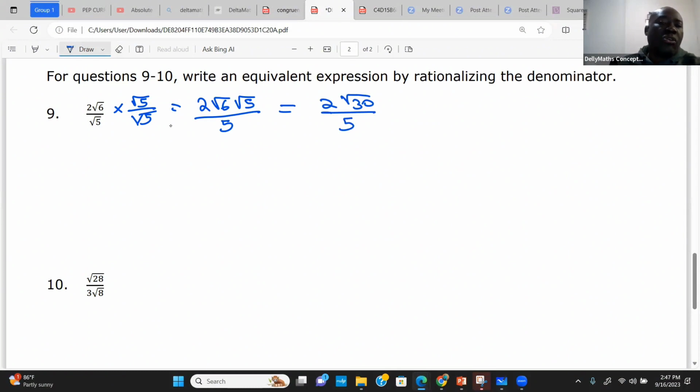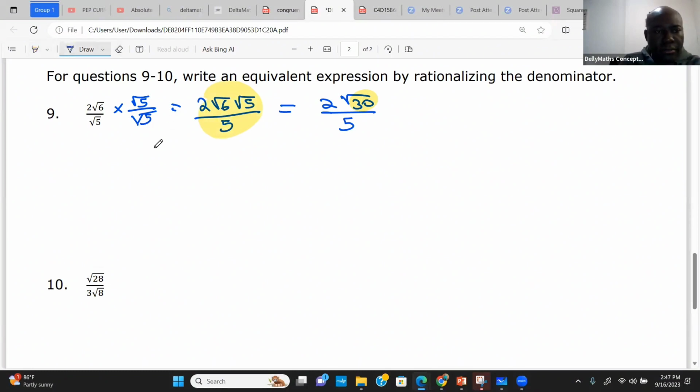So this is also okay. There is no perfect square in this 30 here, all right? Because 9 is not a factor, 4 is not a factor, 16 is not a factor, 25 is not a factor. So we're going to leave it as 2 root 30 over 5, or we could have left it at the previous stage.